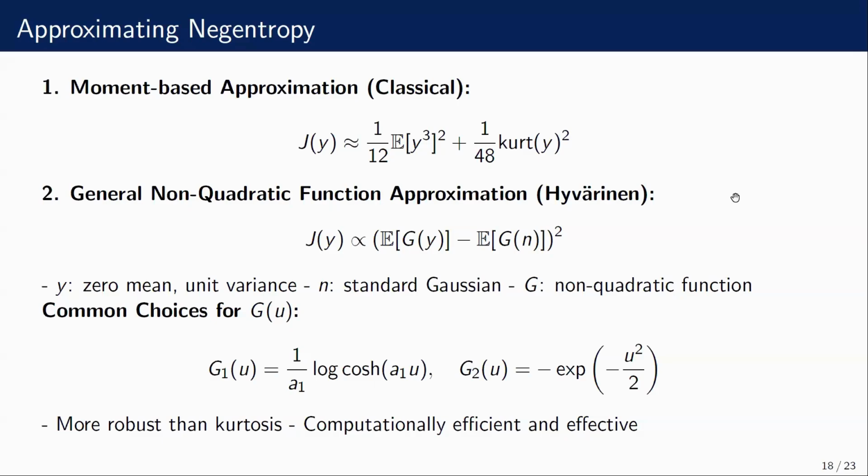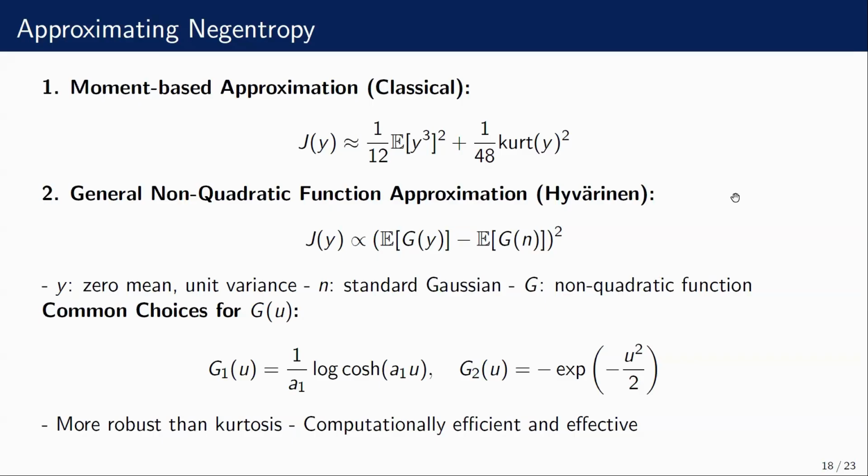To approximate negentropy, we use two main approaches. The first is the moment-based approximation, which uses higher order moments like the third order moment and kurtosis to estimate negentropy. However, this method shares the same limitations as kurtosis, such as sensitivity to outliers. So we go to the general non-quadratic function approximation, which uses a non-quadratic function G of y to approximate negentropy.